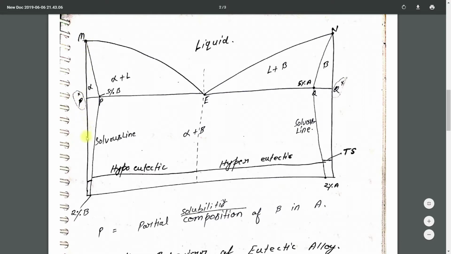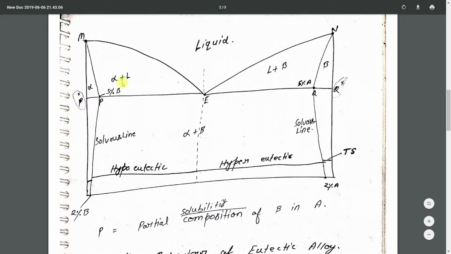As we have already seen in the previous topic, this is the solvus line, and in this topic the solvus line is this and this, because points P and Q have shifted.